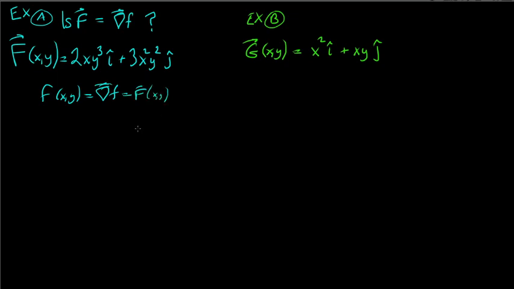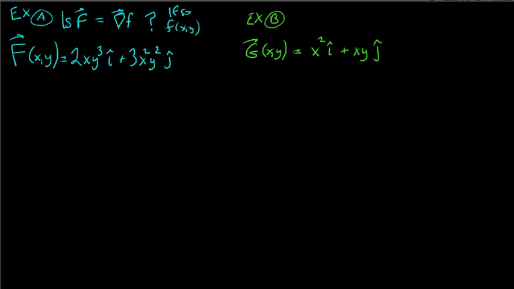But this is the reverse question. This is taking a vector field and saying, well, can I write it as the gradient of some scalar function? And if so, what is that scalar function? What is the little f here? So can I write the vector field F as the gradient of f, and if so, can I find that function f?